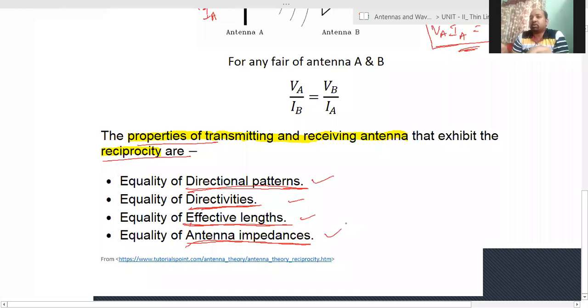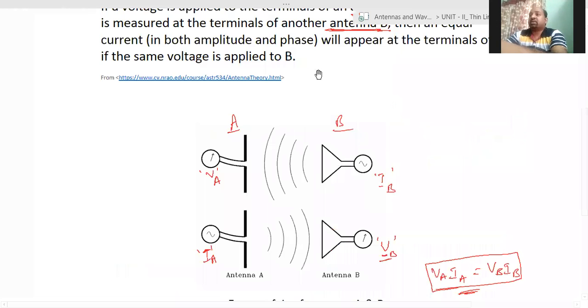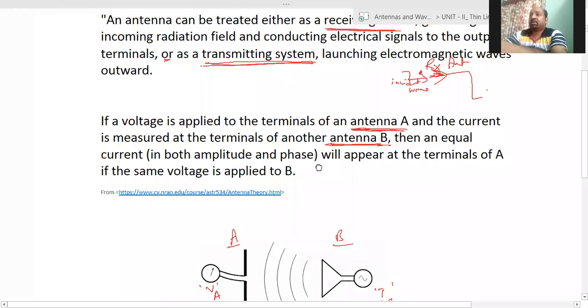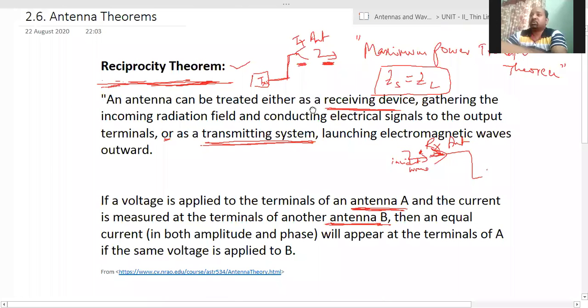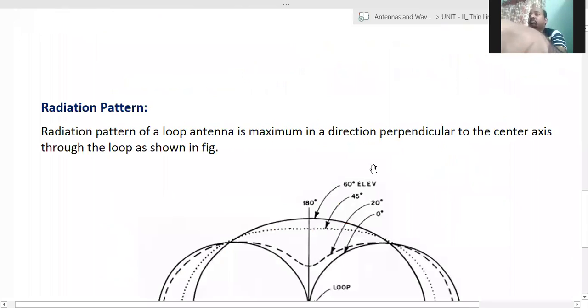And that is about the reciprocity theorem. So these are the two important theorems with respect to antennas: the reciprocity theorem and the maximum power transfer theorem.